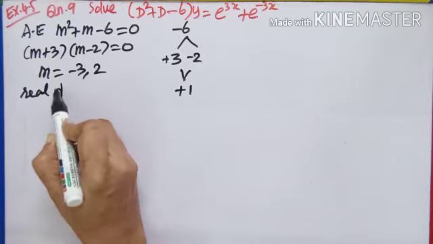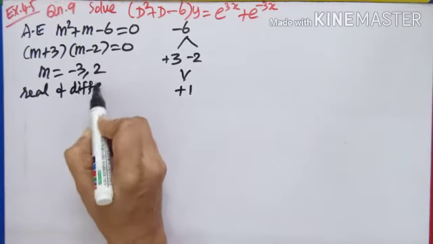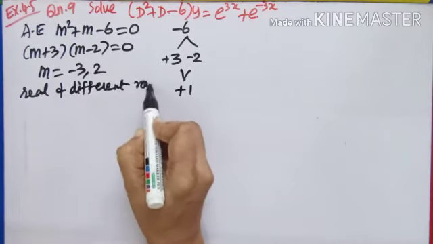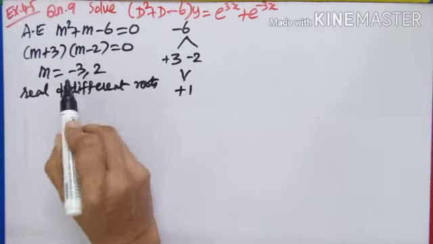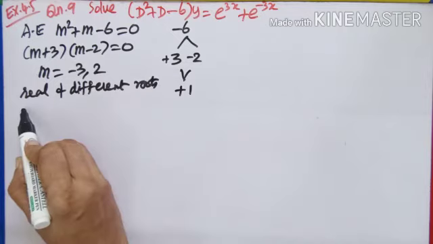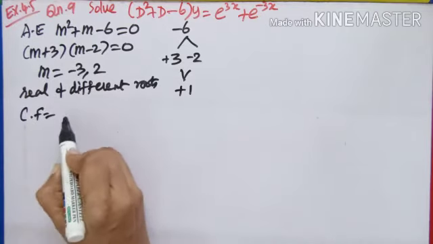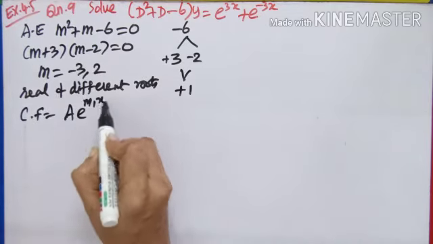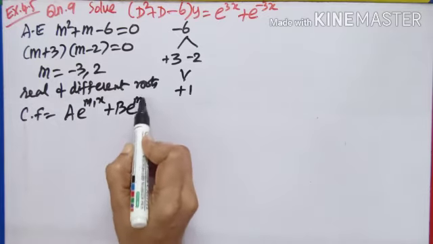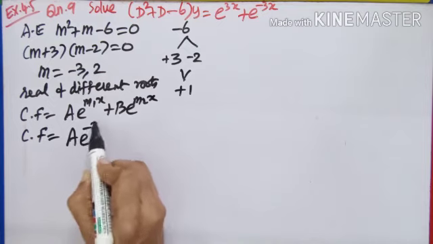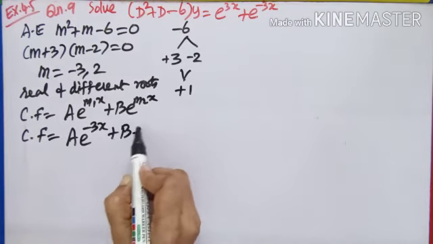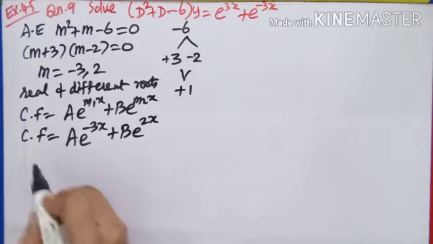The roots are real and different. So the complementary function will be a e power m1x plus b e power m2x. That gives rise to a e power minus 3x plus b e power 2x.